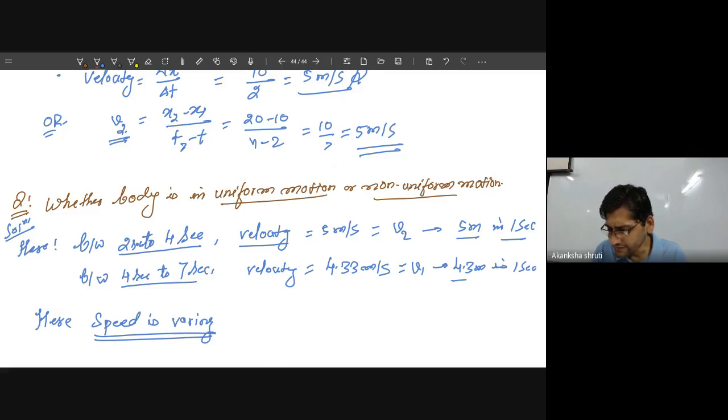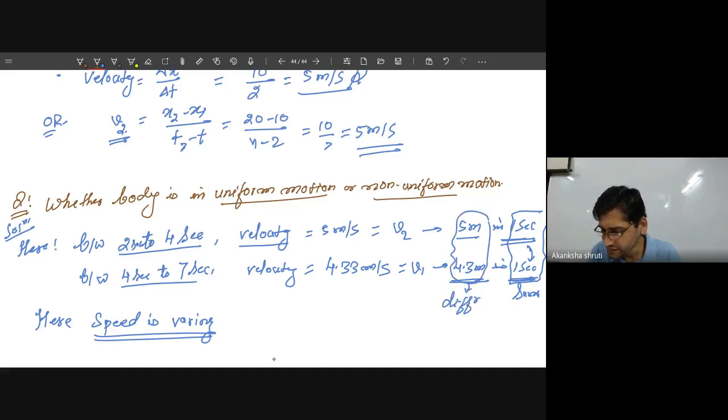So students, even if we apply the definition of distance in equal intervals of time, that is also applicable here. Our equal interval of time is 1 second, 1 second. So these two intervals are the same, but the distances are different. Therefore, which kind of motion is it? Non-uniform motion.